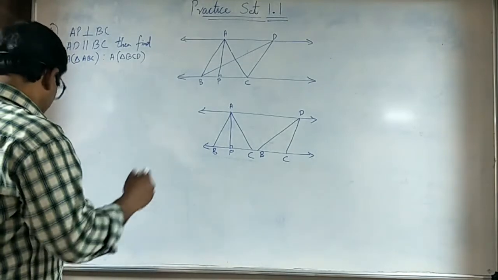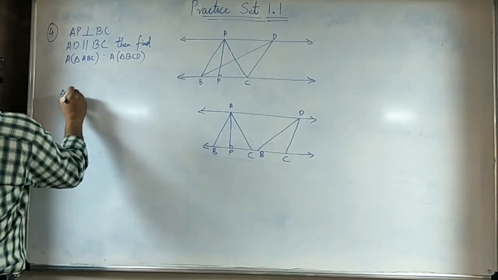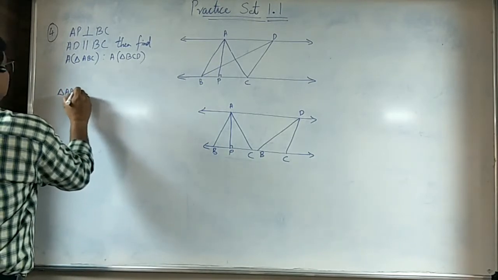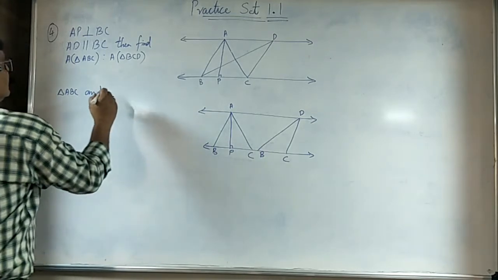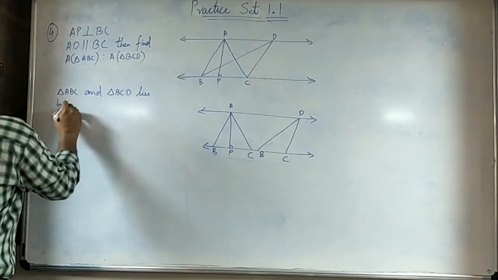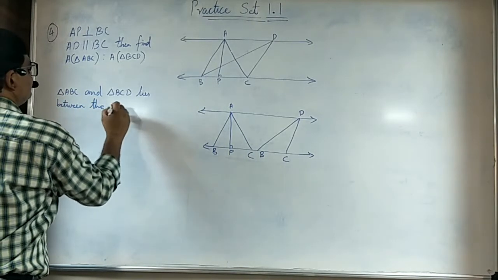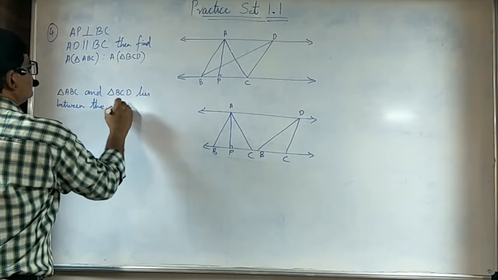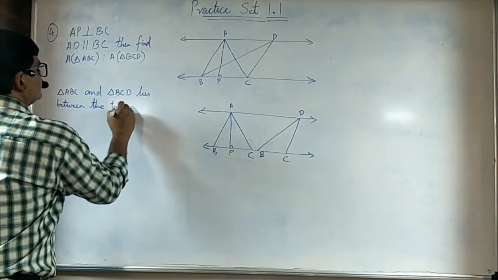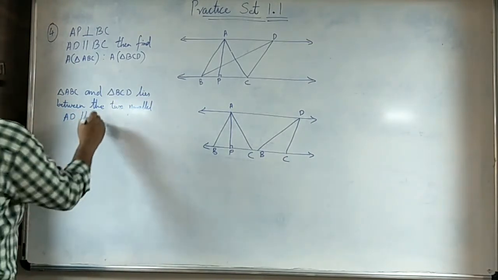So I'll be writing over here, in this case first: triangle ABC and triangle BCD lie between the parallel lines, that is AD parallel to BC.